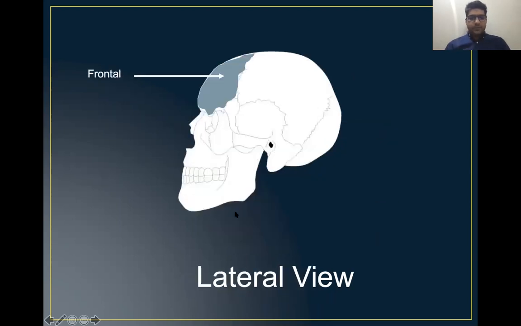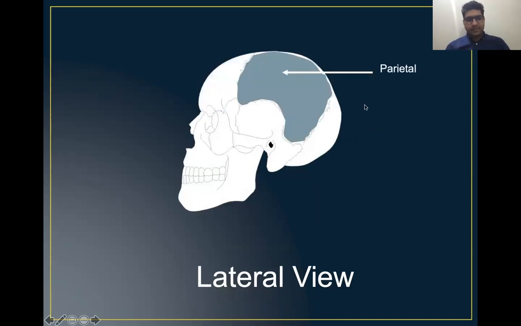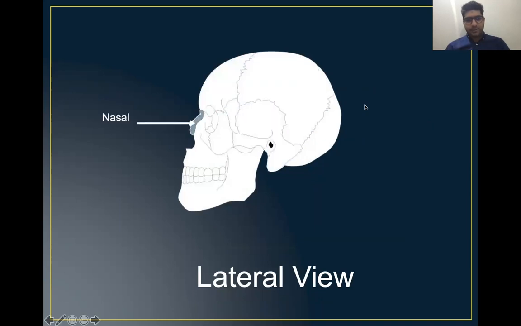Going to the lateral view, these are the same bones but shown in a lateral view. This is the frontal bone over here. This is the parietal. This is a temporal, and this is the occipital bone. As you can see in the next slides, parietal, temporal.